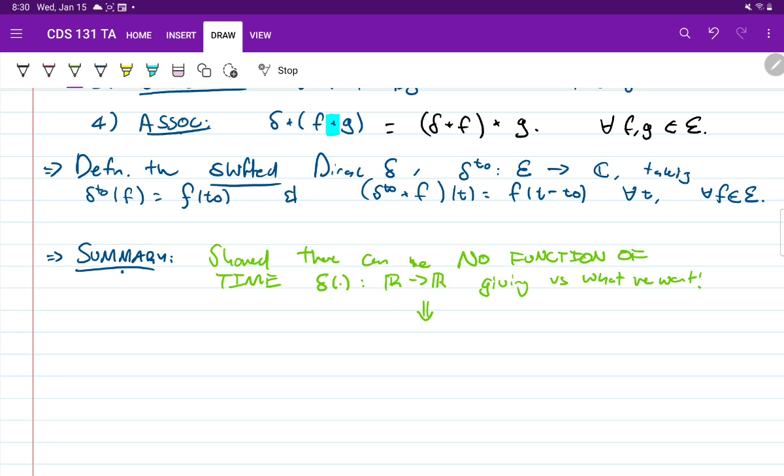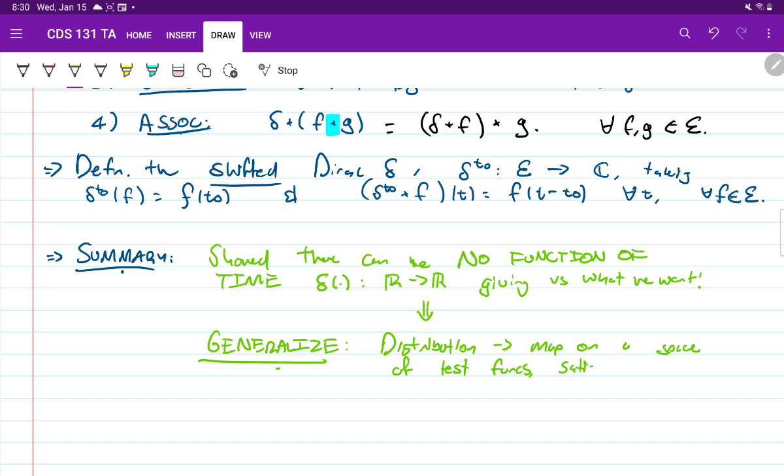So our solution to this was to generalize. Okay? Instead of looking for a function of time, we looked for a generalized signal or a distribution, okay? Which is a map on a space of test functions, all right? Satisfying some special properties.